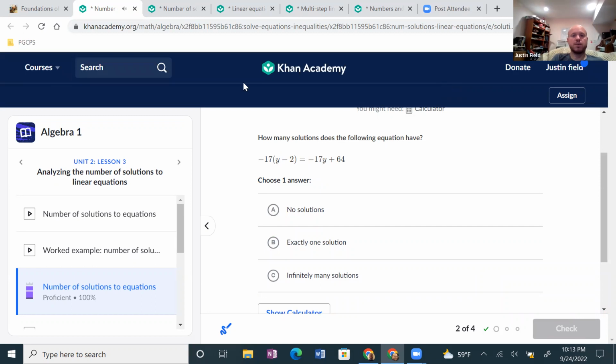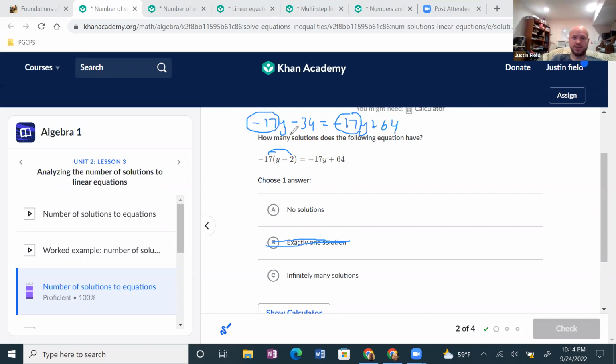But here, look at this. This one, after distributing, we'd get -17y minus, I think 34 or something like that. And then equals -17y plus 64. This time the coefficients are the same. So that means there's not one solution. Because if you put your variables on your left, you get 0.